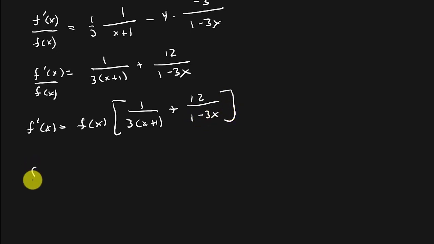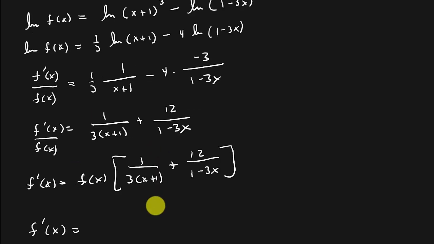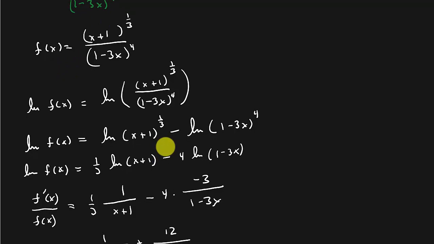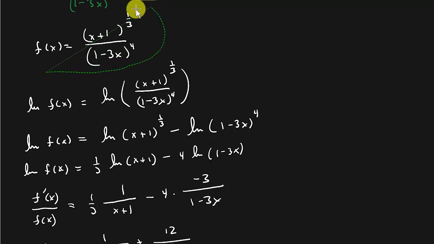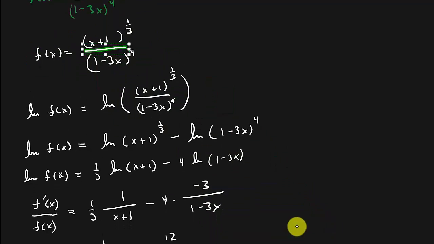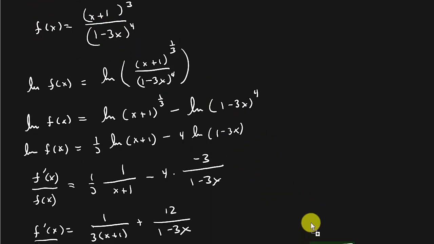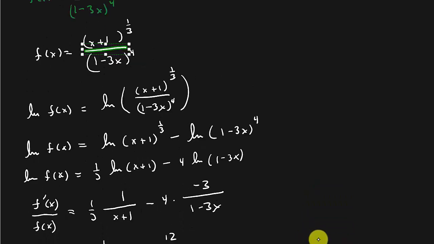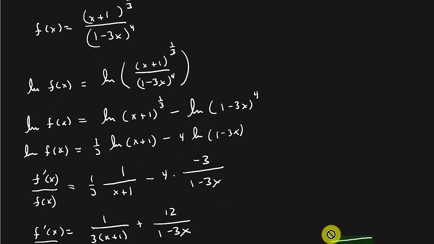And so we get f prime of x is equal to f of x. Well, what's f of x? There's f of x, right? Come on down. There we go.